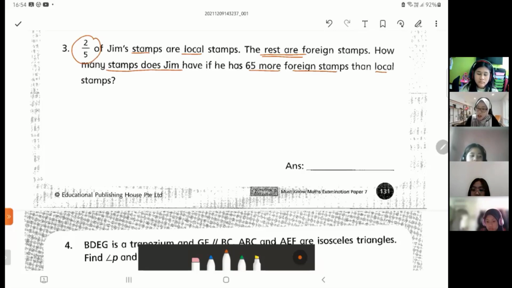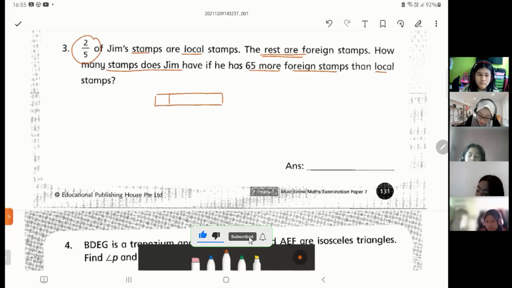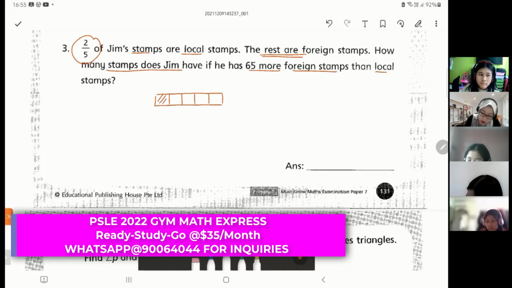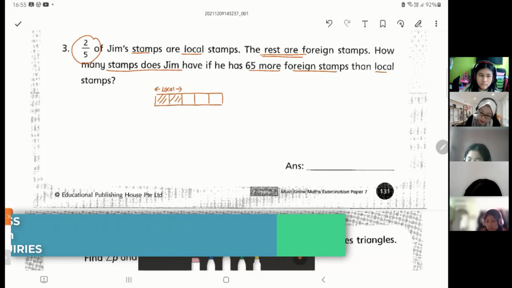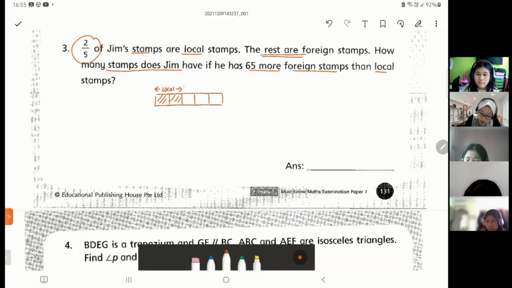What you can do is draw a part-whole model, meaning 1 line. And I'm going to cut it up based on the denominator, which means out of 5. 1, 2, 3, 4, 5. 2 out of 5, 1, 2 are local. The rest are foreign, which is this one.